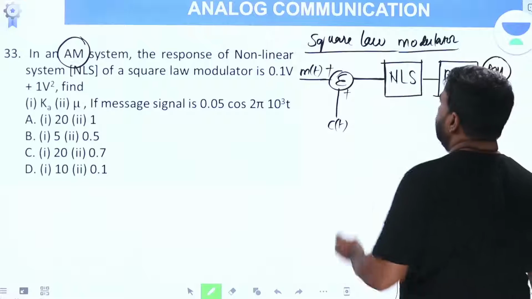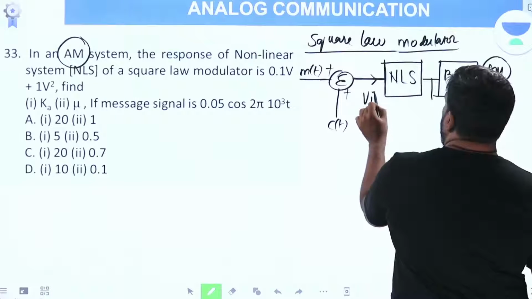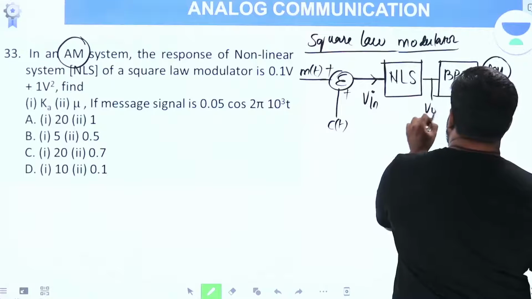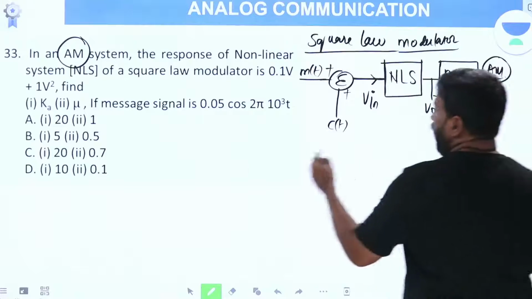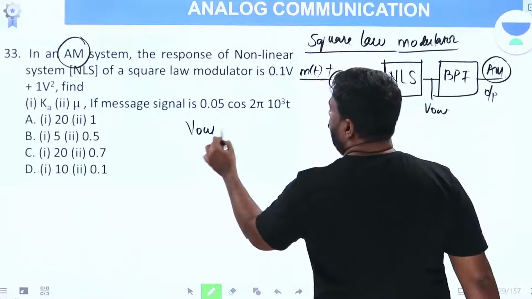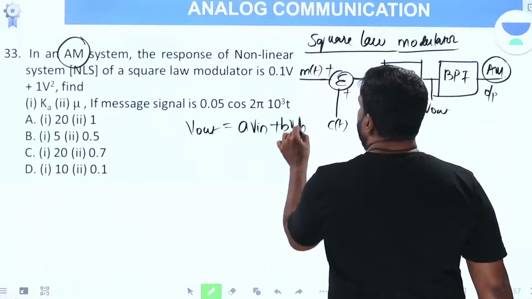Now, if Vin is the input of a nonlinear system and Vout is its output, the output of a nonlinear system Vout is given by A Vin plus B Vin square.